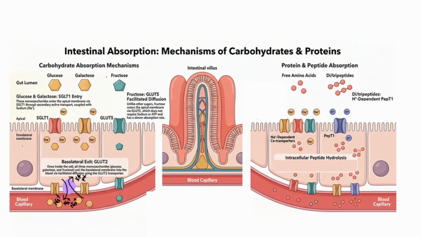Now that you know the structural amplification strategy the small intestine uses, let us travel through its three regions and understand what each one specializes in. The small intestine, as I said earlier, is not a homogeneous tube. The duodenum, the jejunum, and the ileum have a distinct identity, a distinct structural feature, and a distinct absorptive specialization.